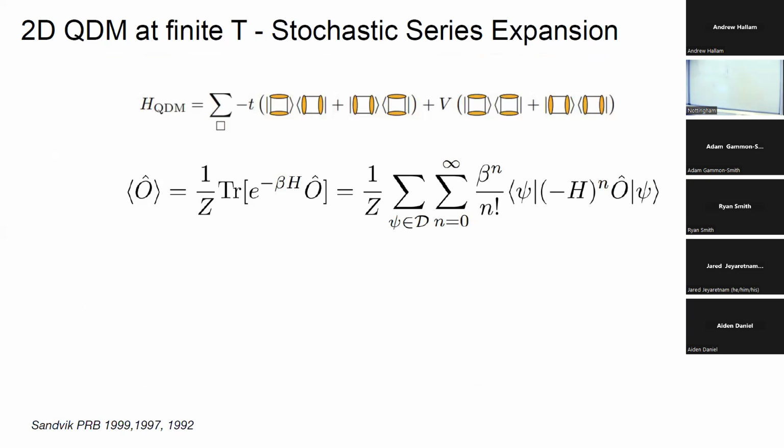A similar problem has been studied in spin systems, where you can calculate the finite temperature expectation value of various quantities, and the simplest algorithm that can be used is the stochastic series expansion. The idea of stochastic series expansion is essentially, to put it in one line, sampling over all possible Feynman diagrams that are described by this Hamiltonian.